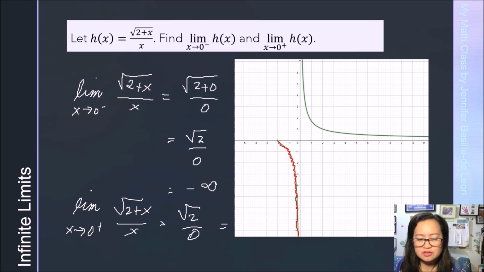Now, on the other hand, if we have the limit of h of x as x approaches 0 from the right, let's trace. Take note that the function increases without bound. So it supports our answer that the limit of the square root of 2 plus x over x as x approaches 0 from the right is positive infinity.